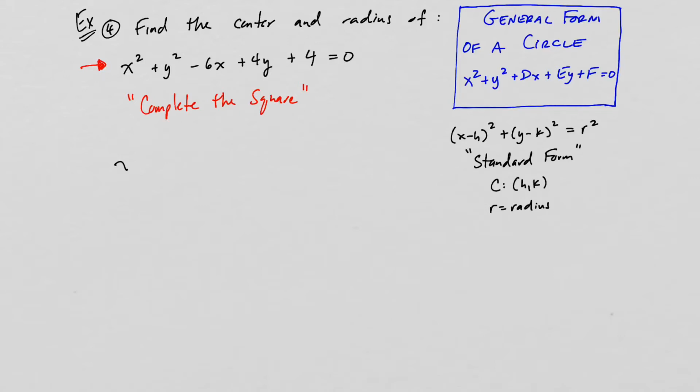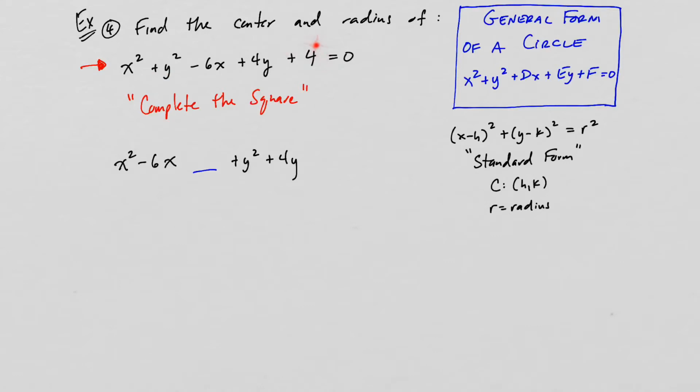First of all, let me write x squared, and then we have minus 6x. I'm going to write that term next, and I'm going to leave a little space here because we're going to have to complete the square on that. And then I'll write positive y squared next and positive 4y. So that is these two terms.